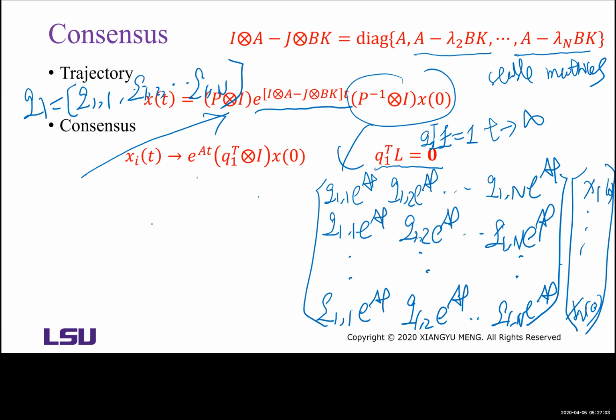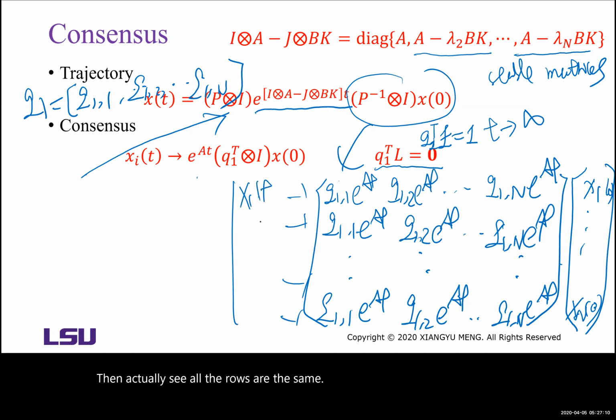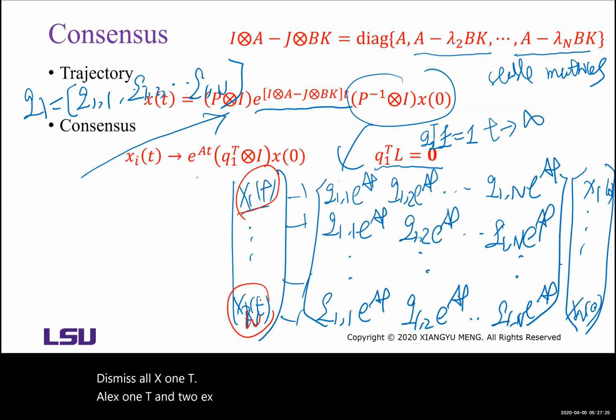Then as we see, all the rows are the same. This means all x1(t) until xn(t) will converge to the same value.